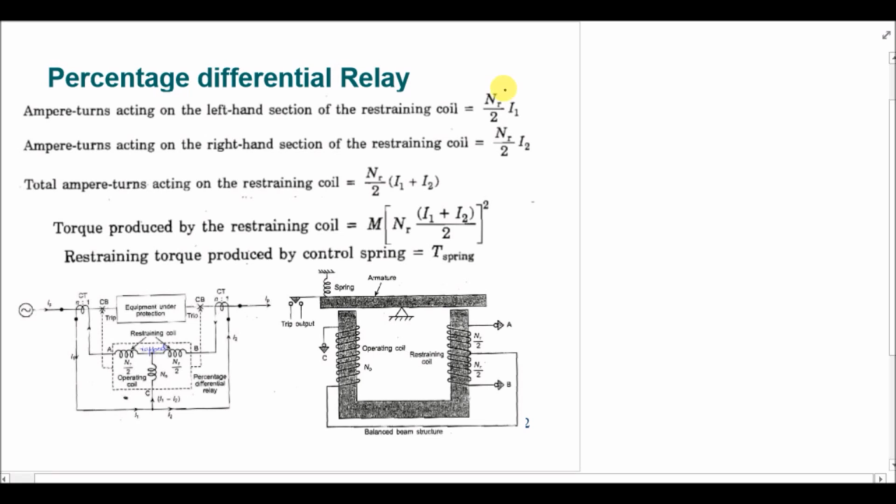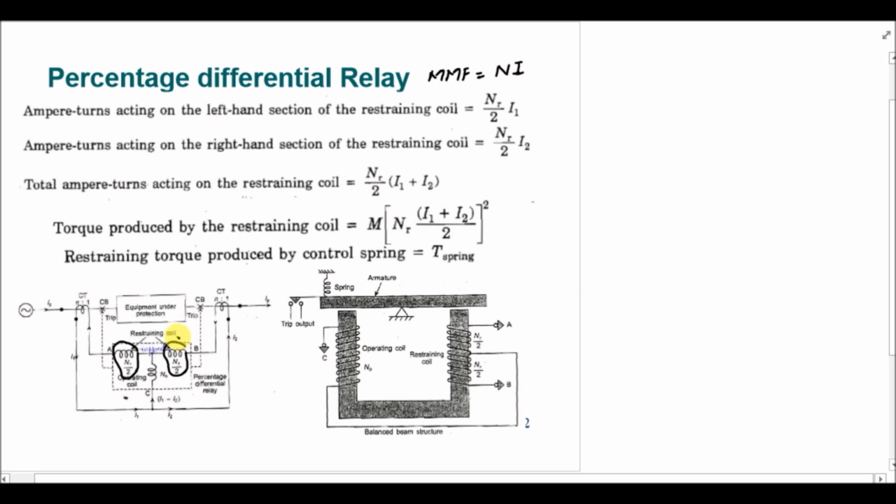For example, we have two different parts of the restraining coil. We have divided it into two parts. So the number of turns in one part of the restraining coil is NR by 2 and the other one is also NR by 2. Now if we have to calculate the magnetomotive force, that will be equal to Ni for any coil.